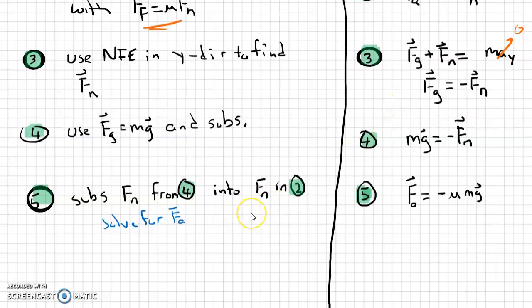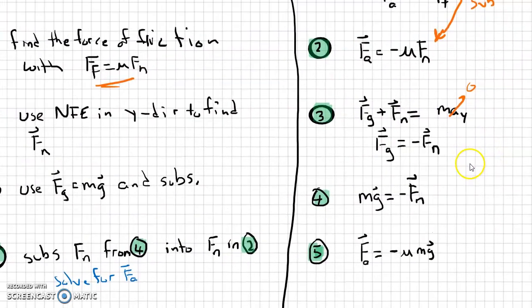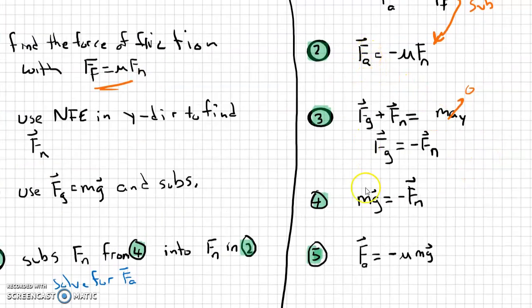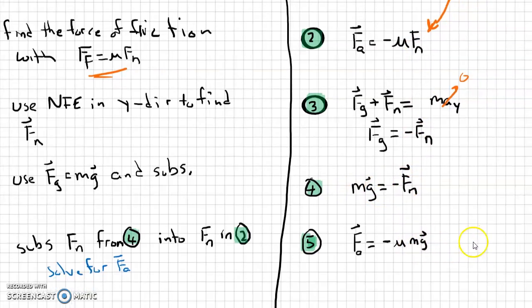And basically then my last step here will be to substitute the normal force that I've just found over here into what I found in number 2, which is up here. So there's the force applied. That's being brought right down here. Right here is the mu. And then the normal force is what I found right over here. So this is going to be the mg right there.